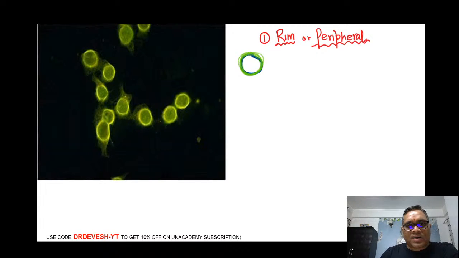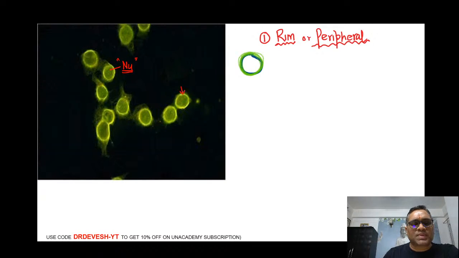So RIM or peripheral. What I am showing you is the immunofluorescence pattern. This is the nucleus. All these are nuclei, right? We are applying the fluorescence probe, and then we are applying that fluorescent color, and then we are going to see the antibody reflections, and how these antibodies are looking like.